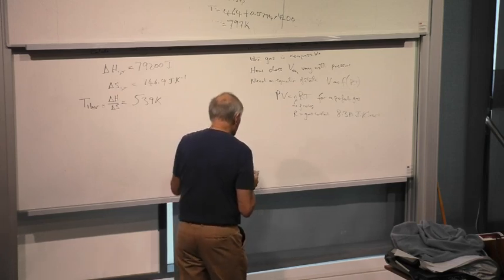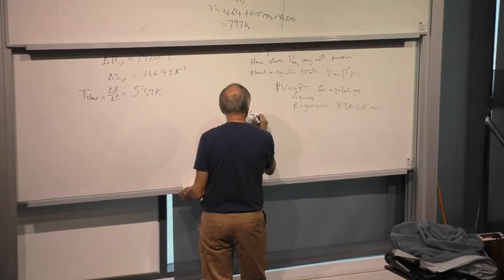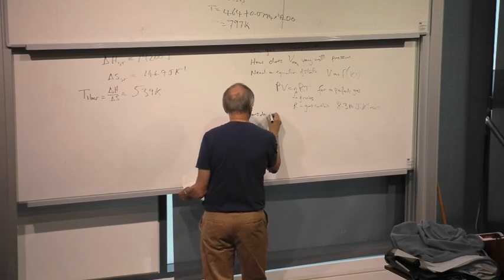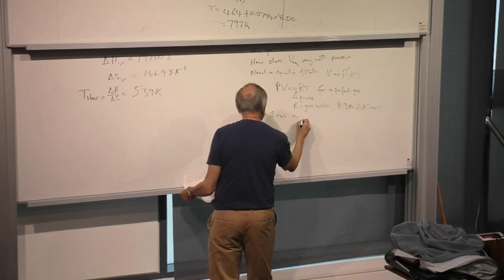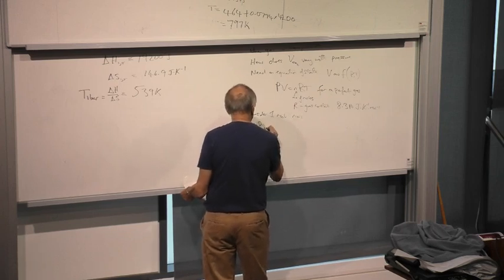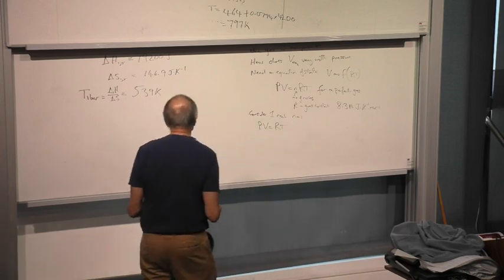Okay, so we just consider 1 mole of gas. So N equals 1, PV equals RT. So we'll use that as a starting point.